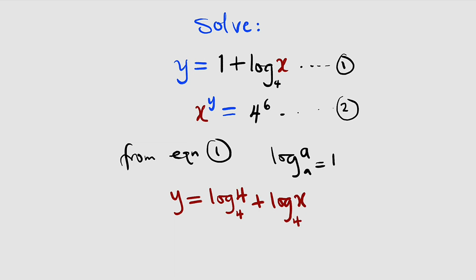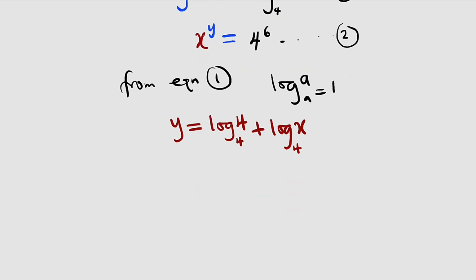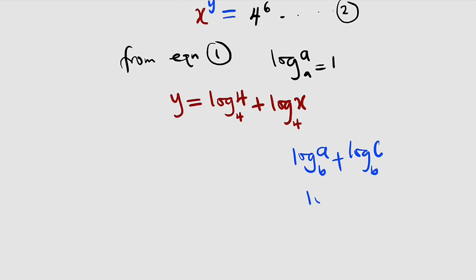This is always true. I remember this law that says if you have log of a with base b plus another log of c with base b, provided that they have common bases and the operation between them is plus, you can always write this as log of a multiplied by c with base b.